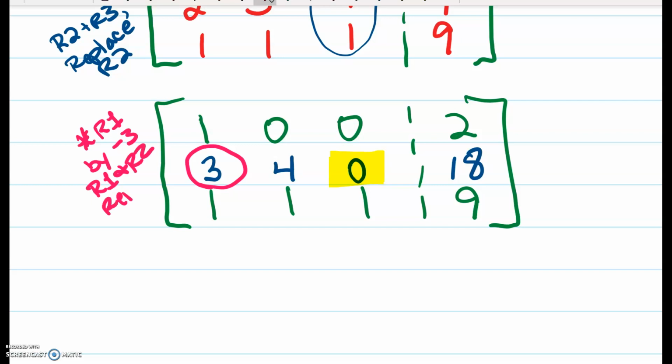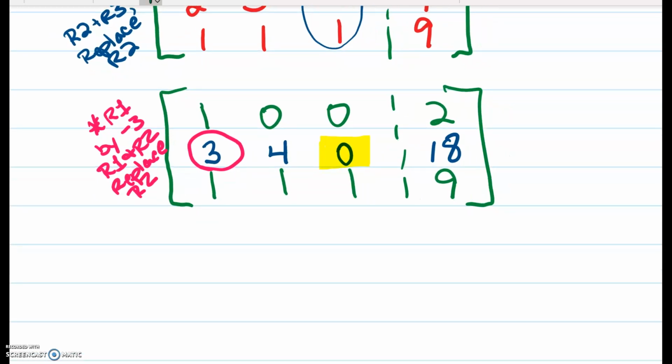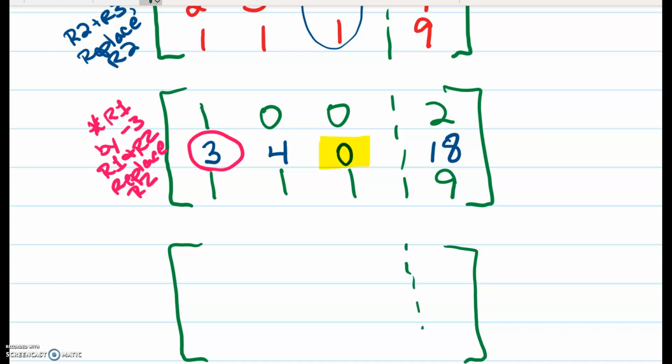And I'm going to replace, excuse me, I'm going to replace row 2. Now, just so I'm not confusing you, I'm going to do this in 2 steps, because I know sometimes you need to see what's happening.